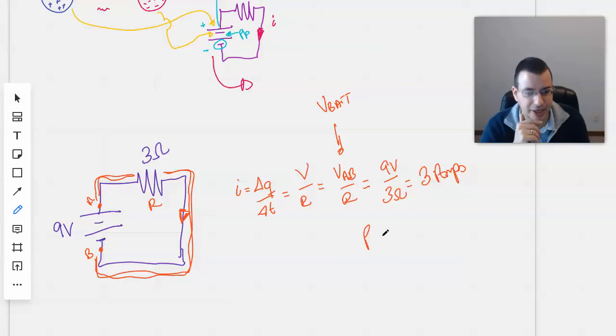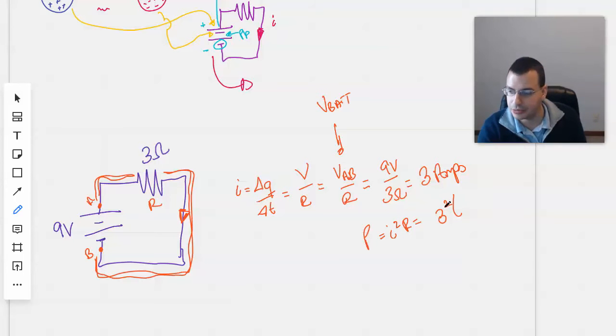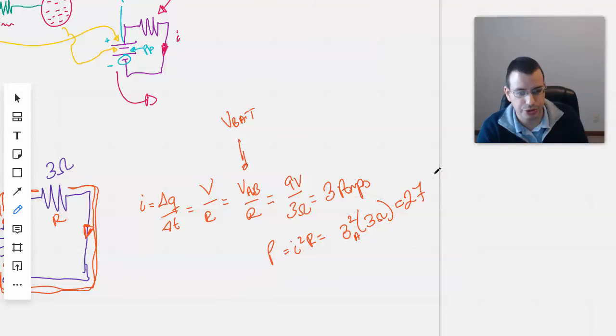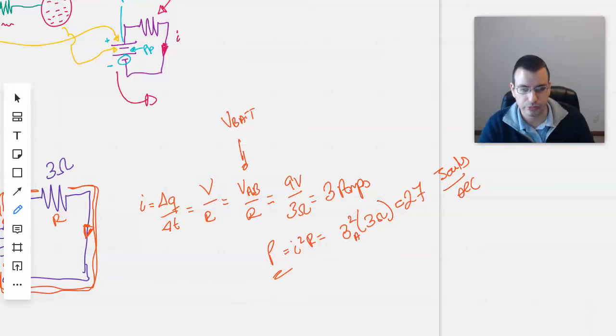So power dissipated due to heat would equal I squared R, which would be 3 squared times 3 ohms. These are amps, these are ohms, and that's 9 times 3, which is 27. And that would be joules per second, because it is power. Also known as 27 watts.